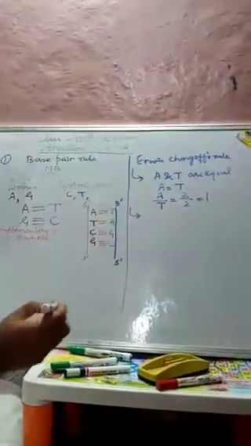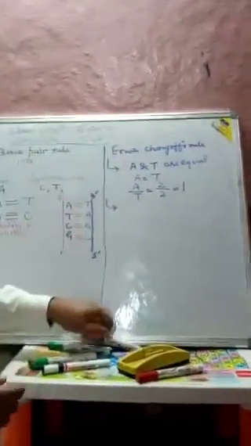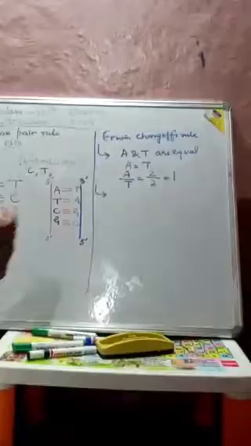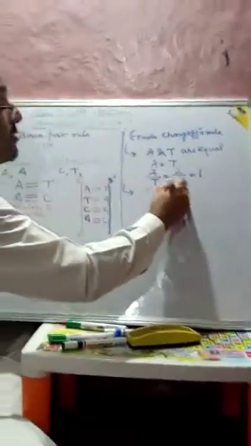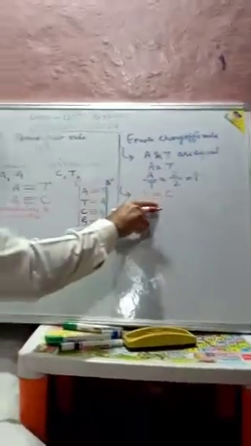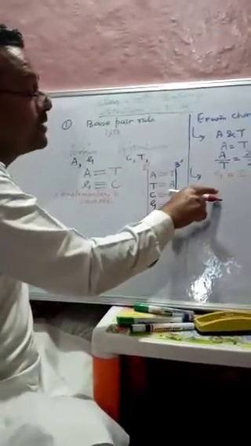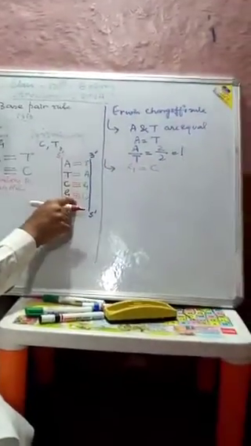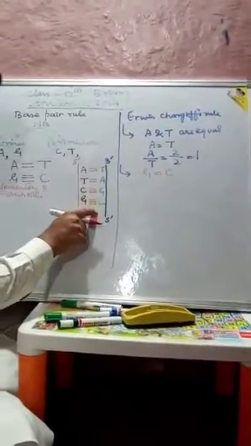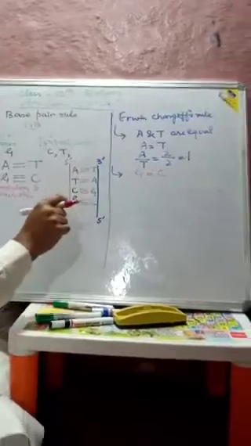The second point he told is that G is equal to C, also quantitatively, that the number of guanine is equal to the number of cytosine. This is equality, but here it is not equality, it is the 3 hydrogen bonds.